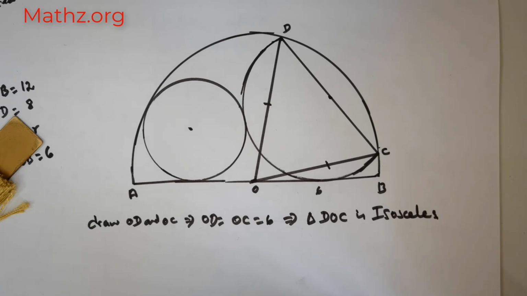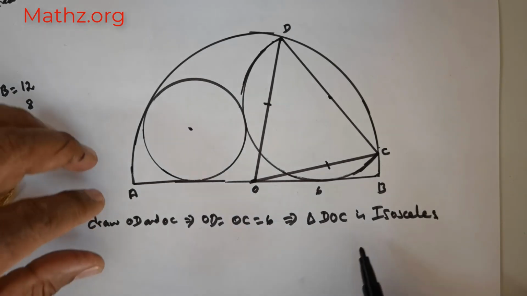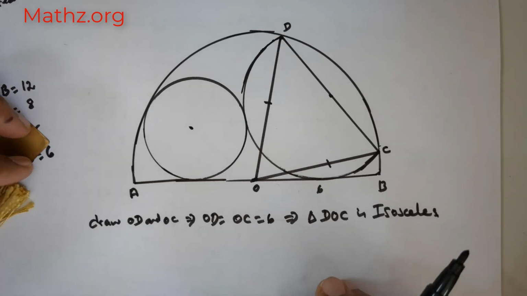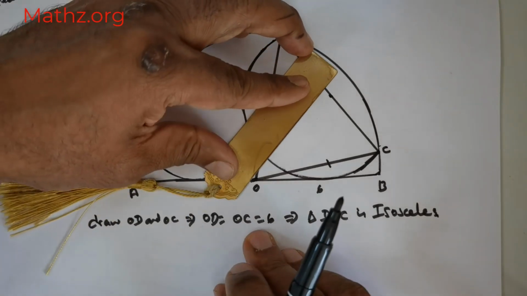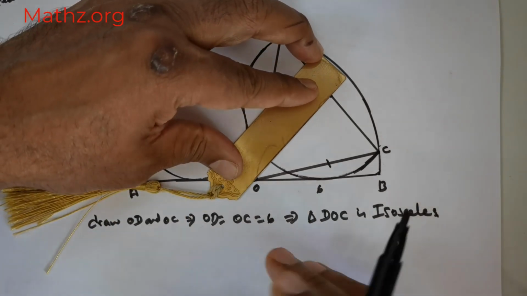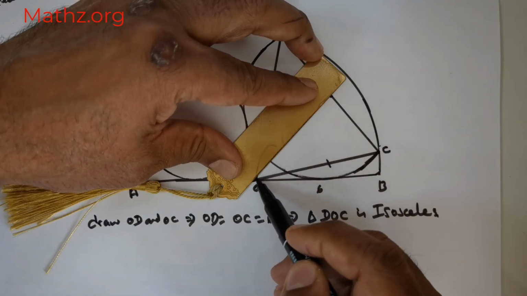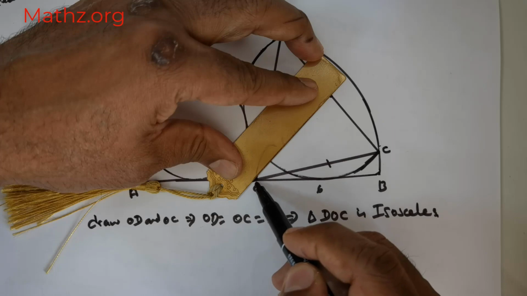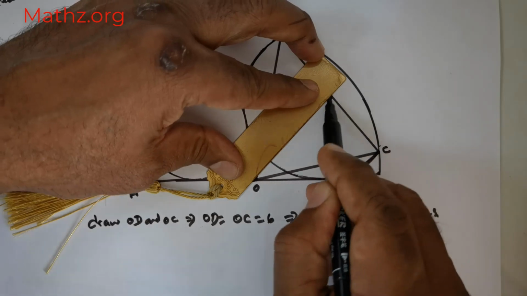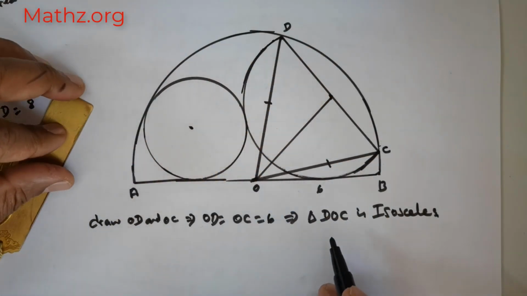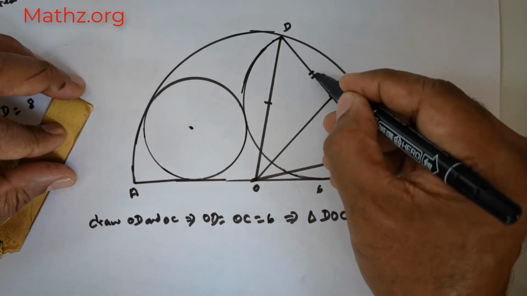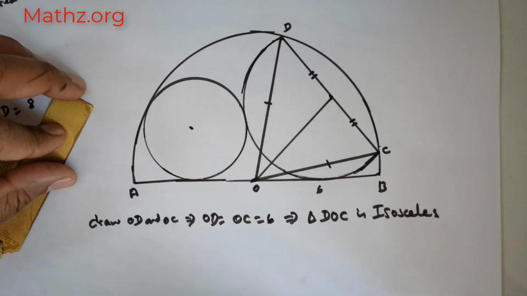Now if this is isosceles, then as I mentioned to you, if I were to draw a line from the top vertex to the center, then it would divide the base into equal parts.